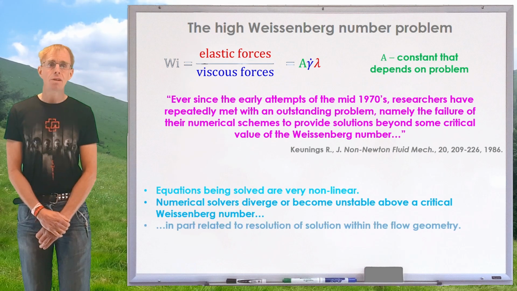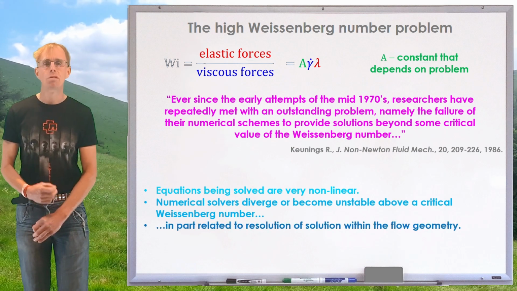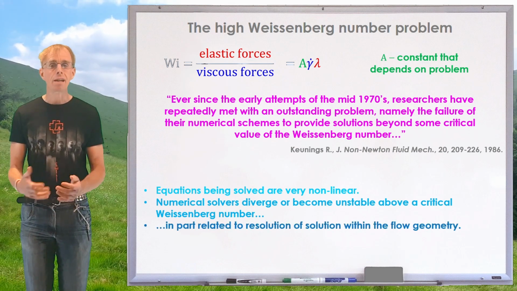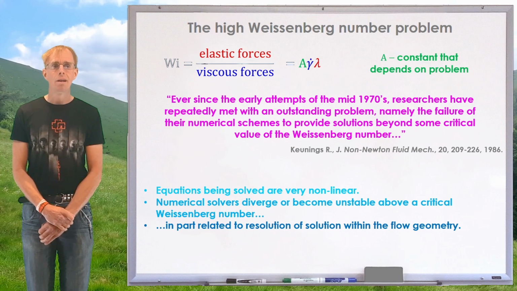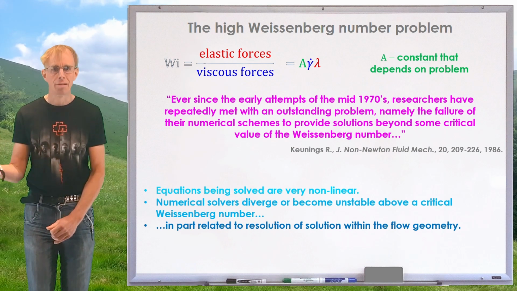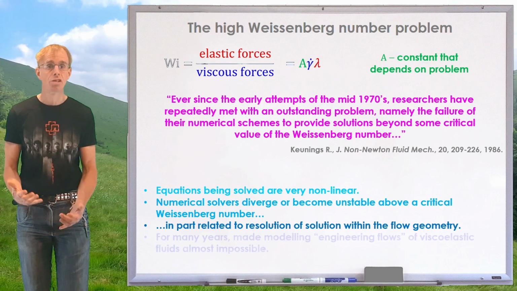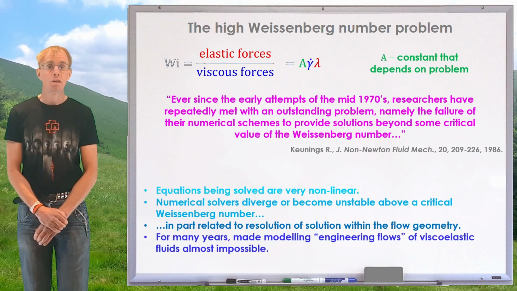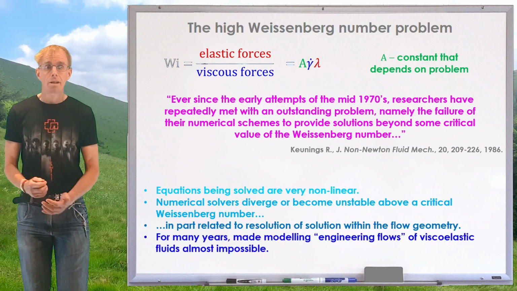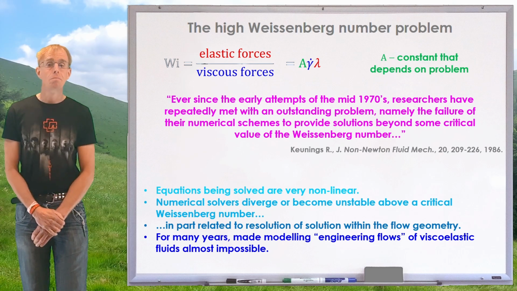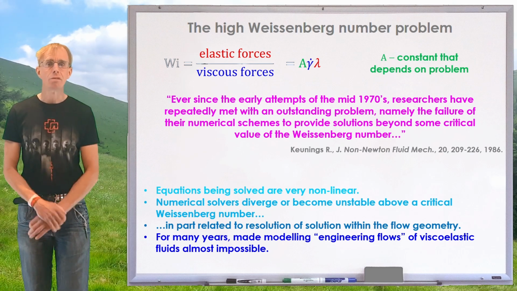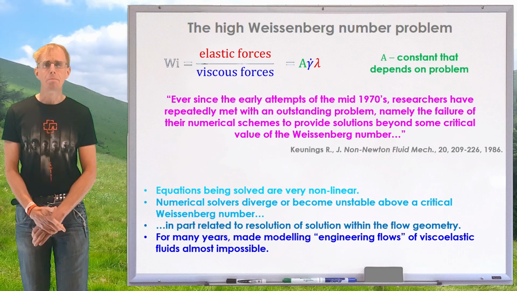So part of this is a historic point due to computational power. Partly it's related to the resolution of a solution, that is the number of grid cells or the density of the mesh you can put in a flow geometry. But part of it is just the nature of the equations themselves, because they're so nonlinear. So for many, many years, modelling of viscoelastic engineering flows was all but intractable.